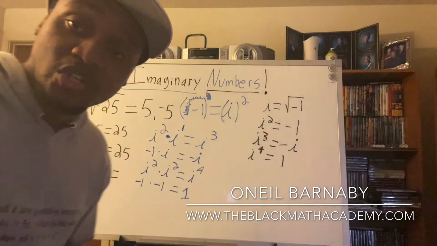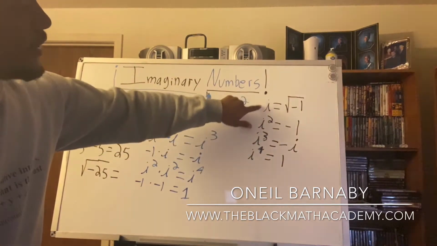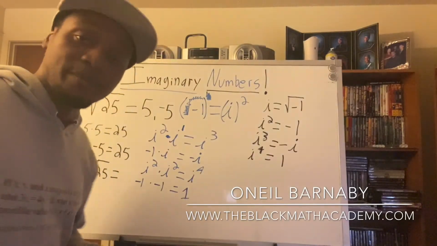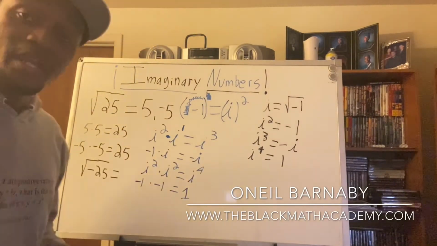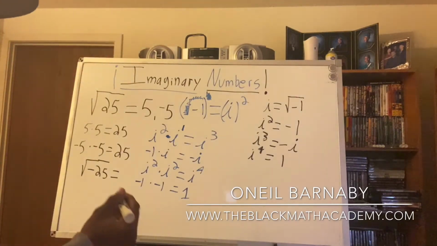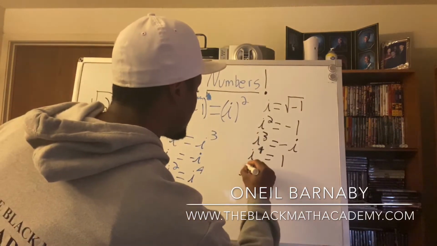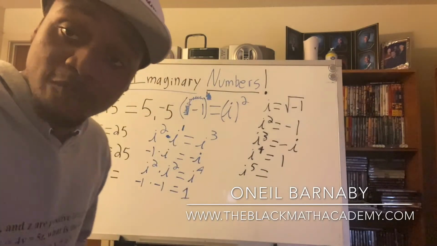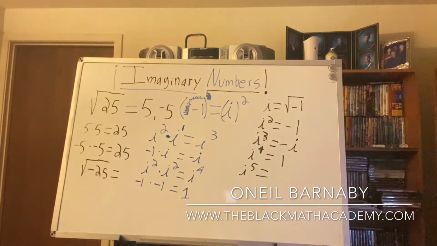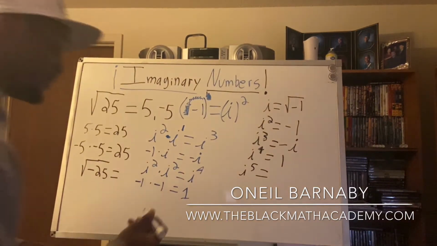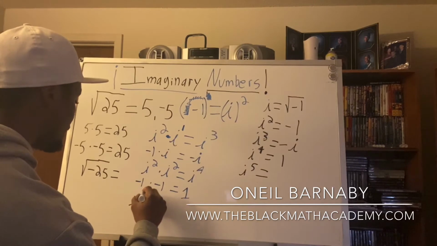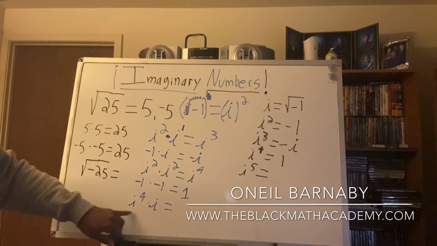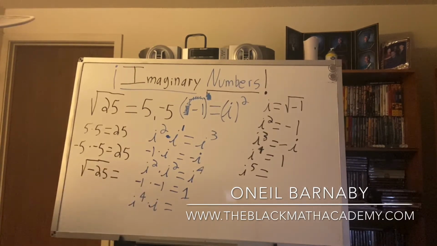And what actually ends up occurring is that these values, i, i squared, i cubed, and i to the 4th, actually repeat themselves. They become cyclical at this point, and allow me to show you how. Let's say you wanted to find out what i to the 5th was. All right, so again, we'll use what we know previously. i to the 5th can be rewritten as i to the 4th times i, because when multiplying powers with the same base, you add their powers.